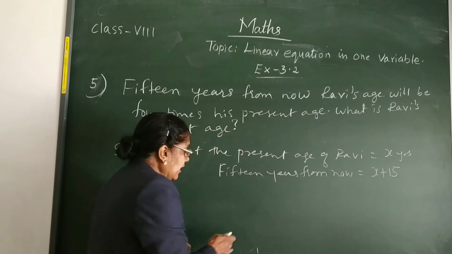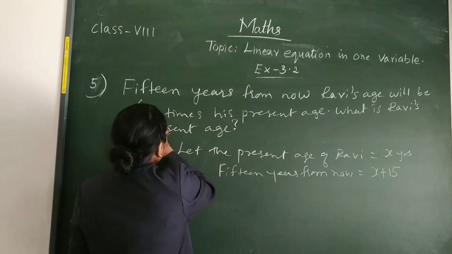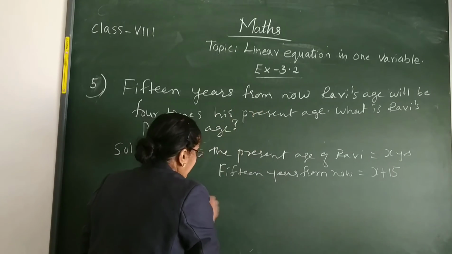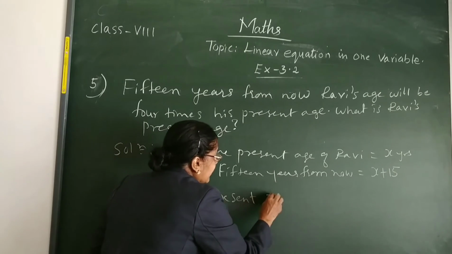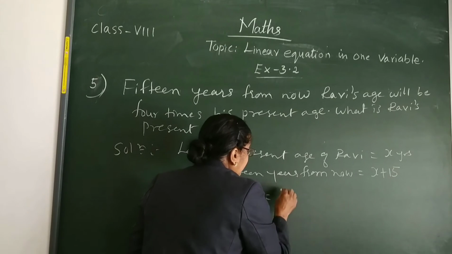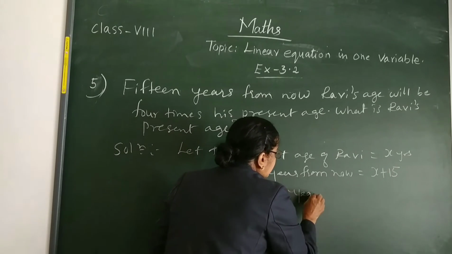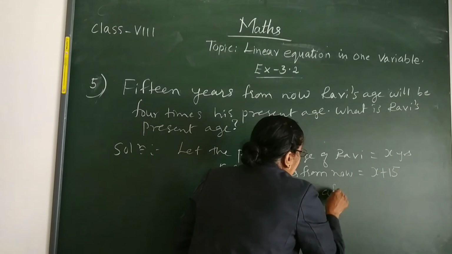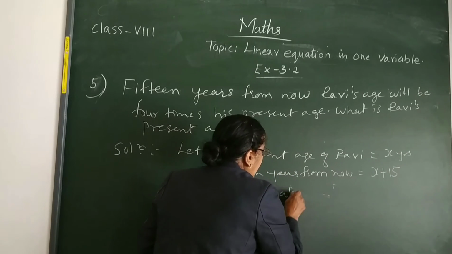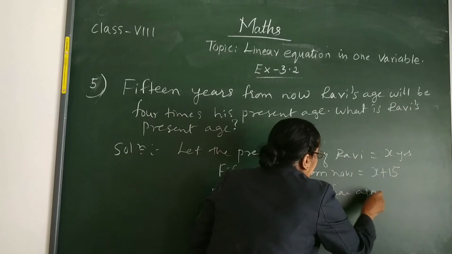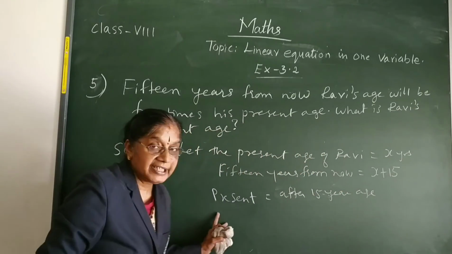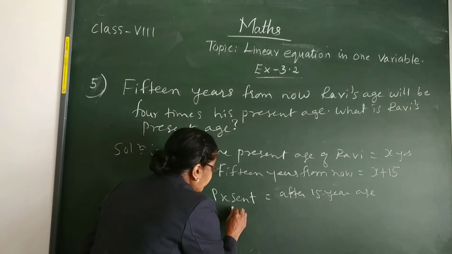He says 4 times his present age, so we have to compare. The present age is compared to the age after 15 years.